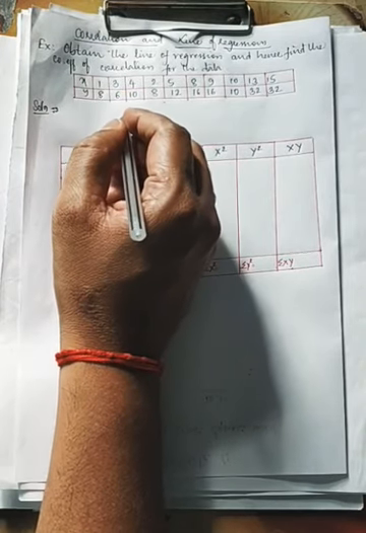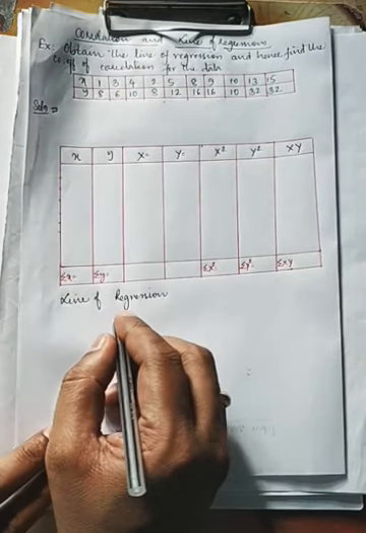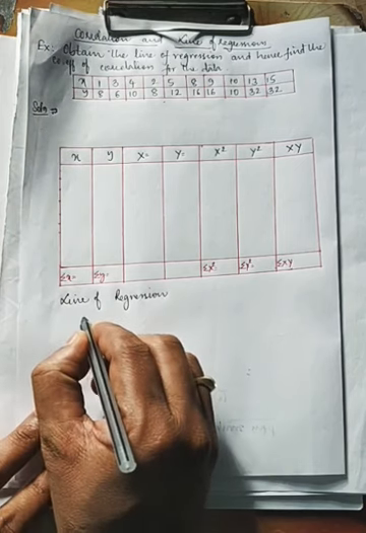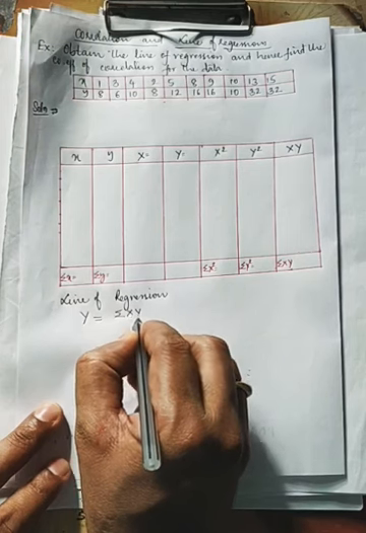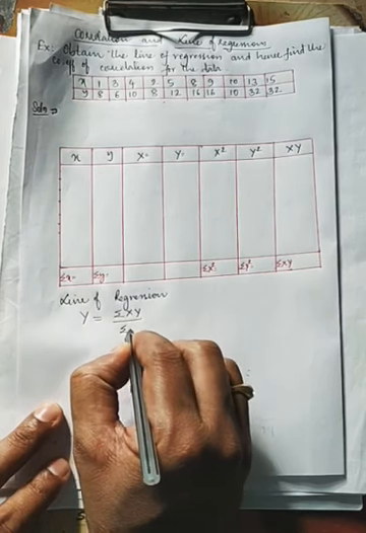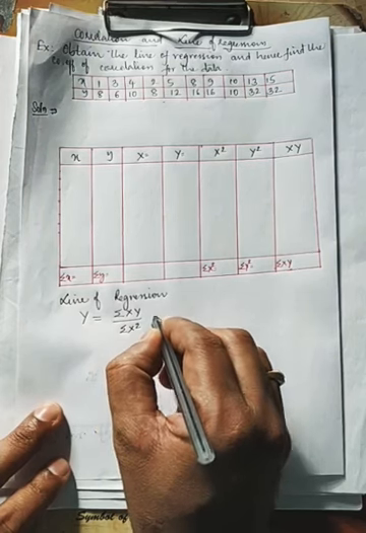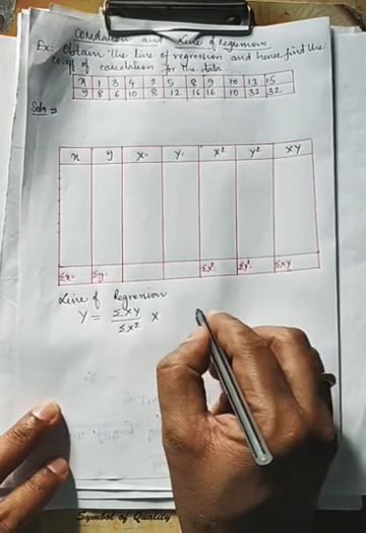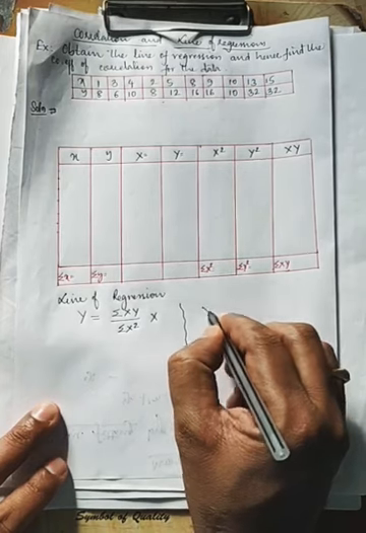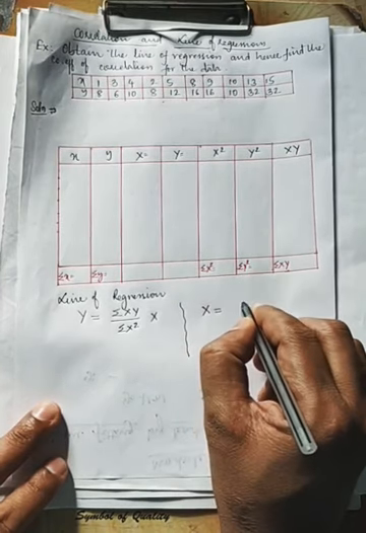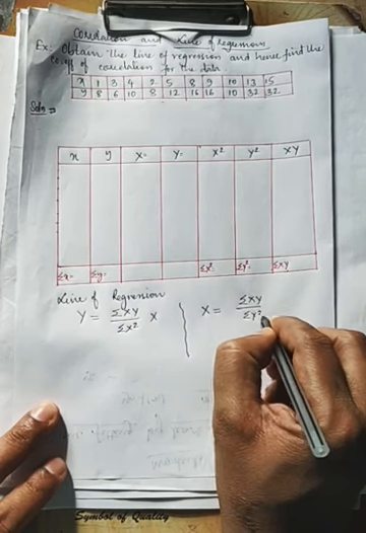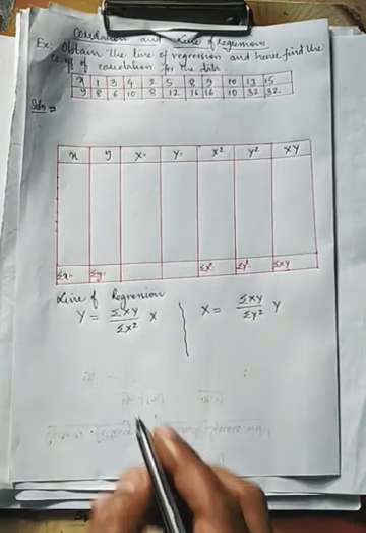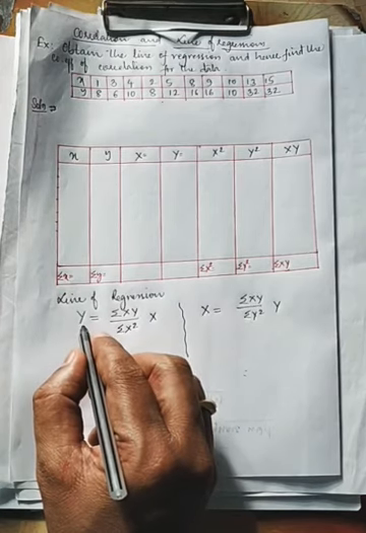To calculate line of regression, what is required? What is the formula of calculation of line of regression? First I'll write down that formula. Capital Y is equal to summation of capital X into Y divided by summation of X square, that into capital X. Similarly, for X, X is equal to summation of X into Y divided by summation of Y square, that into Y. Now the question comes, what is capital Y?